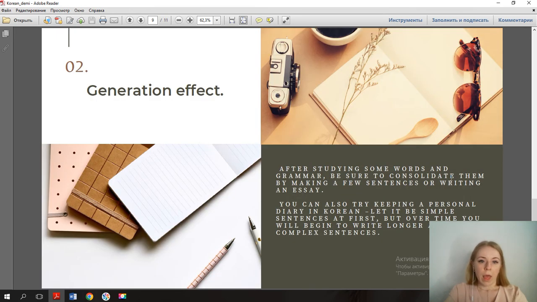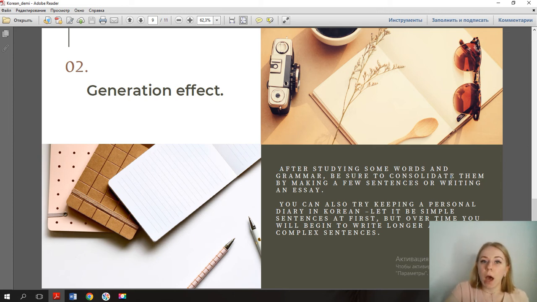Okay. The next one is about the generation effect. What does that mean? After studying some words and grammar, be sure to consolidate them by making a few sentences or writing an essay.